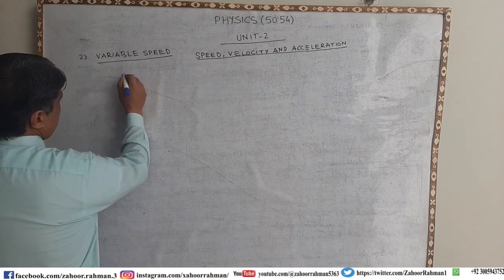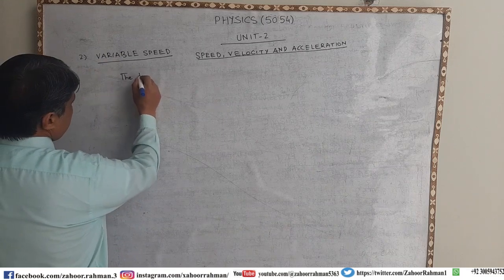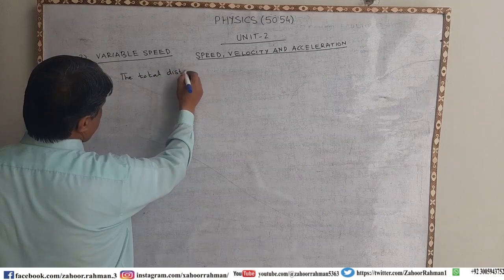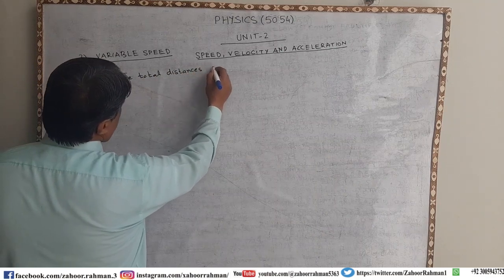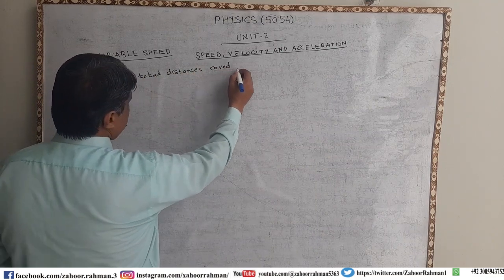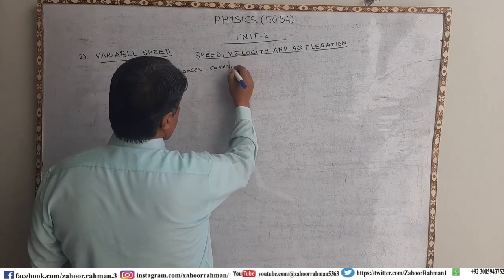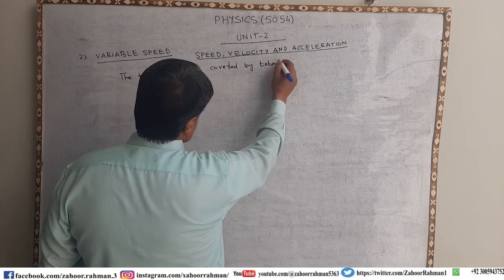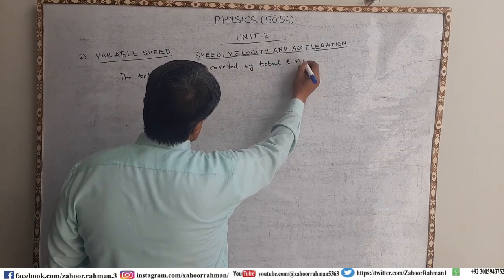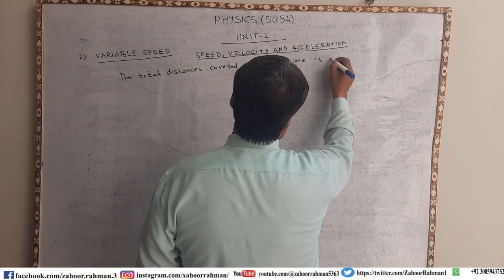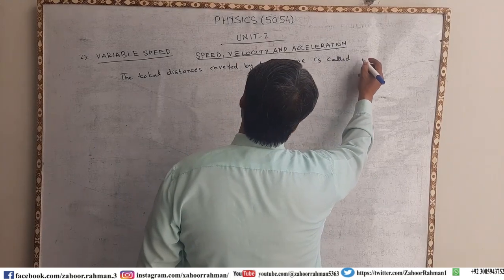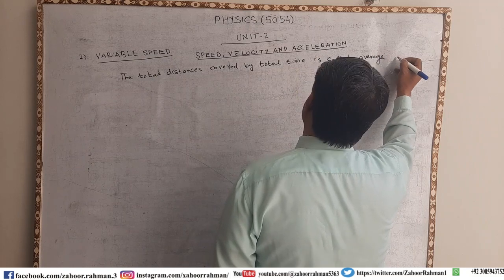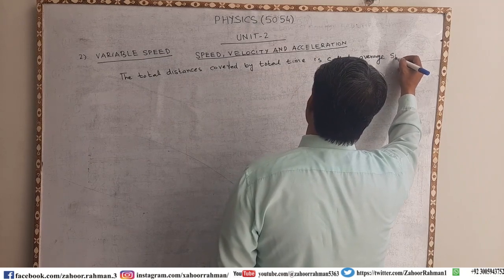The total distance covered by total time is called average speed.